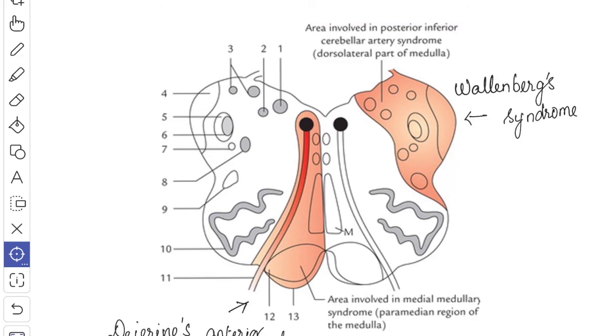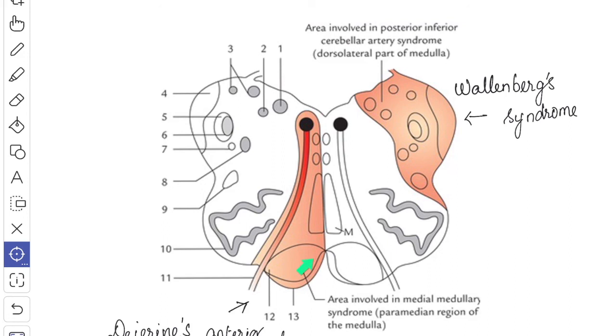Next we'll see about the medial medullary syndrome or Dejerine's anterior bulbar syndrome. The paramedian region of the medulla is supplied by the branches of the vertebral artery. The vascular involvement, that is the ischemia of this region, produces the following symptoms. The contralateral hemiplegia and paralysis of arm and the leg due to the damage of the pyramid.